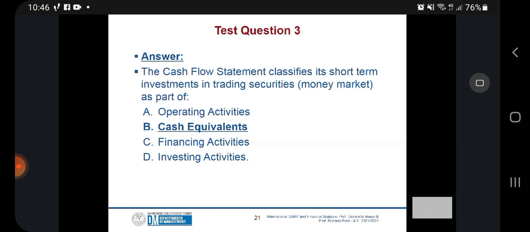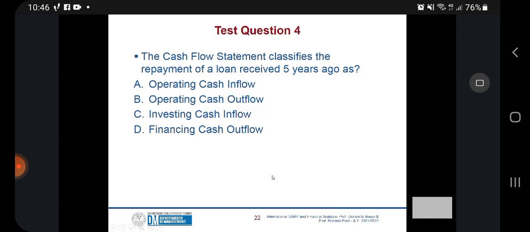Okay? Another question. The cash flow statement classifies the repayment of a loan received 5 years ago. Okay, the repayment of a loan. You have to classify it as operating, investing, or financing, but careful, inflow or outflow. Inflow means received, money in, that's obvious, and outflow means payment, money out.